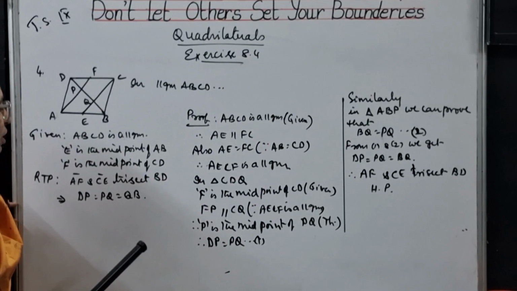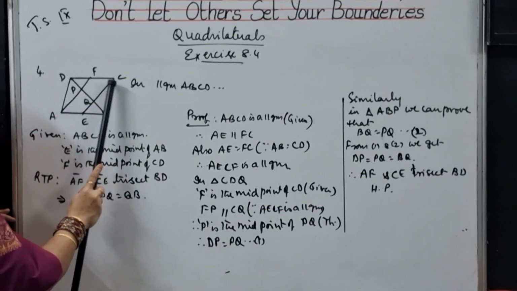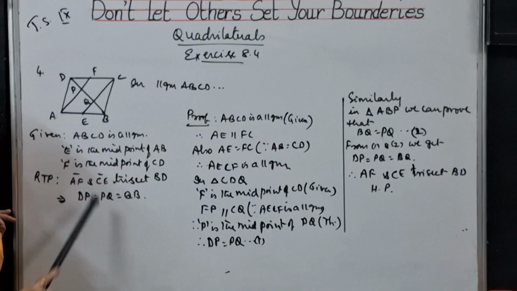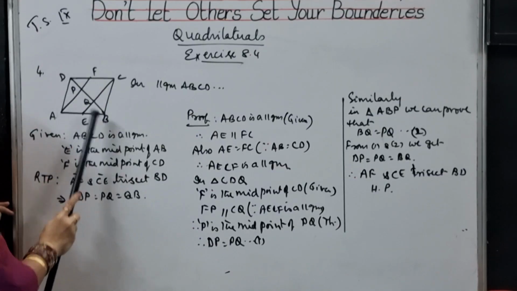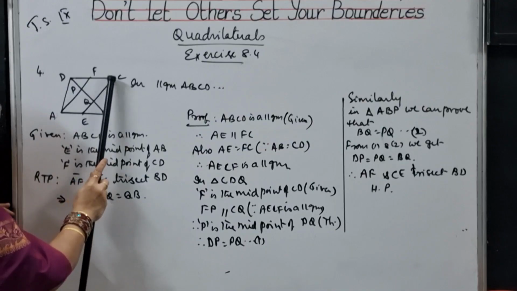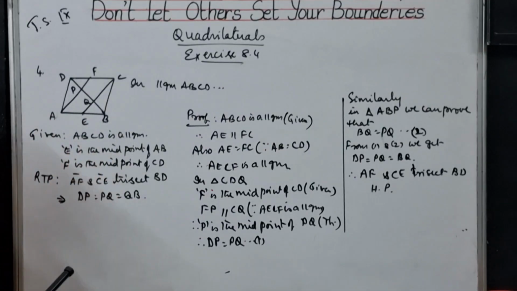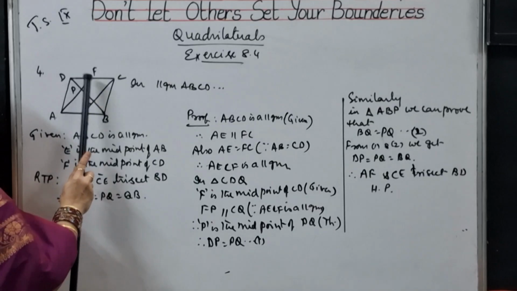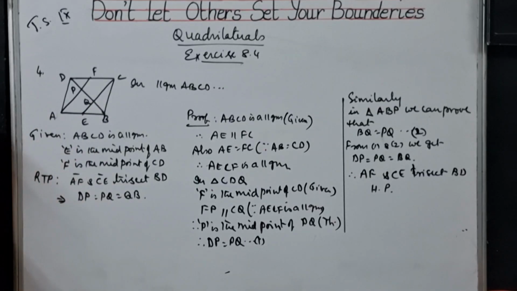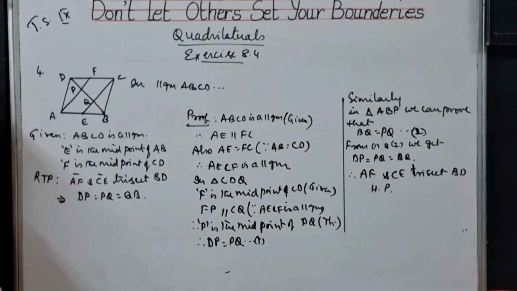If you could prove that AECF is a parallelogram, we take now triangle CDQ. In this triangle, F is the midpoint of CD they have given, and FP is parallel to CQ because AECF is a parallelogram. So, if a line is drawn through the midpoint of one side of a triangle parallel to the other side, it bisects the third side, the theorem which we have learnt in the previous video.